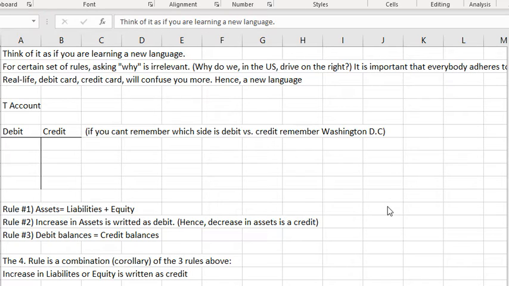There will be cases where you are going to ask the question why, and sometimes that's irrelevant, and the reason for that is the rest of the accounting community is using the same rules. For example, why do we debit on the left side versus credit on the right side?